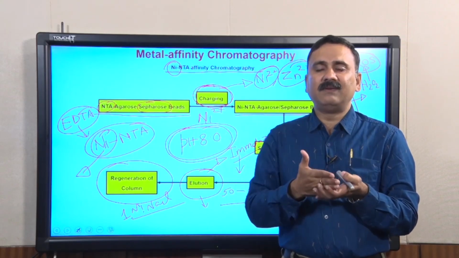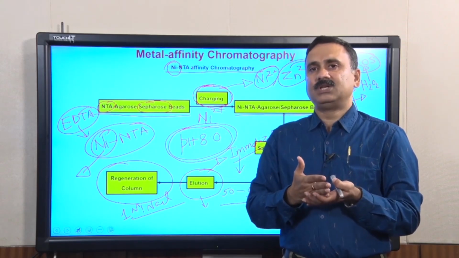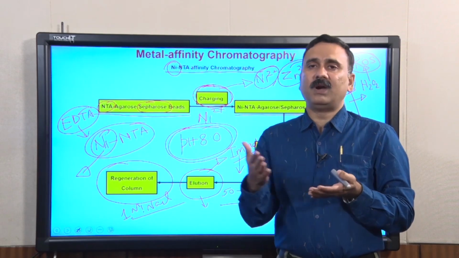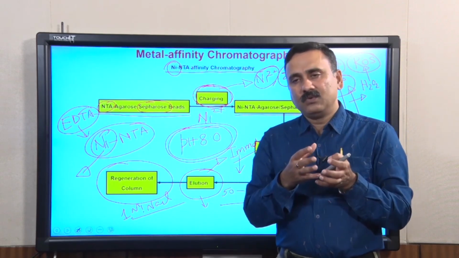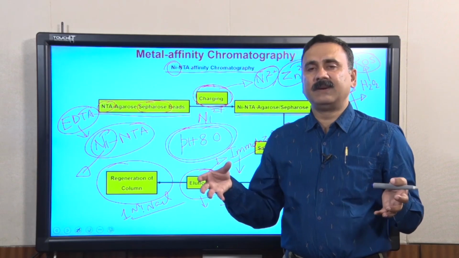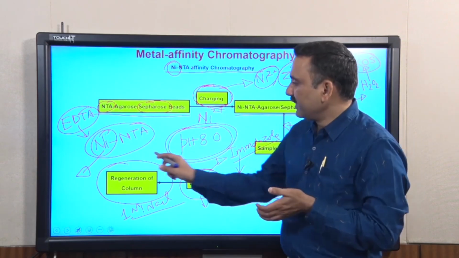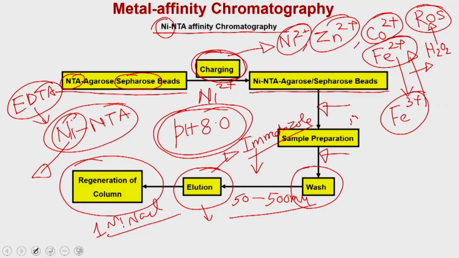So, if you would like to have consistent purification, what is recommended is that after 5 to 6 purifications you should strip the column, remove the nickel from the column and do the recharging again, so that you ensure that every bead has a sufficient quantity of nickel to bind the protein. For that you have to do the stripping step.